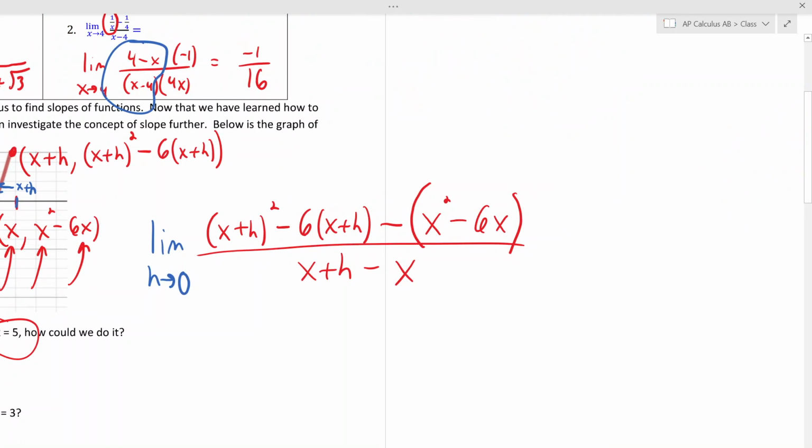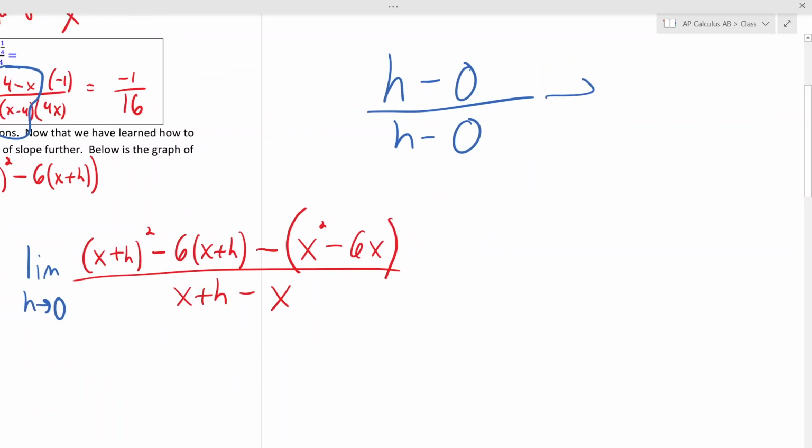Not x minus 0, I plug in 0 for h. Not x. What variable are we plugging for? H. H minus 0 is going to cancel. Do you see this? But what's h minus 0 really? That's just h, guys. That's h over h, right? That is going to cancel out every single time here.